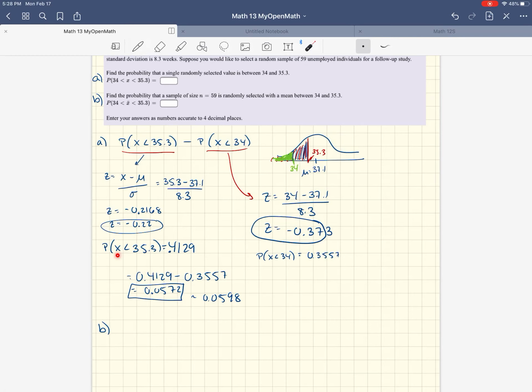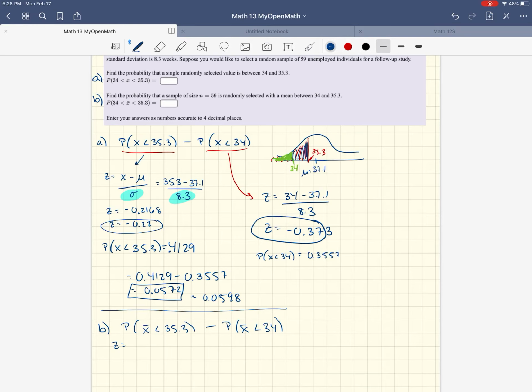All the stuff we did up here is going to be really similar. The big difference is that when we're finding our standard deviation, we're going to need to divide by the square root of our sample size. So we're still going to do the probability that x bar is less than 35.3 and subtract the probability that x bar is less than 34. I'm using x bar because now we're talking about a sample mean.